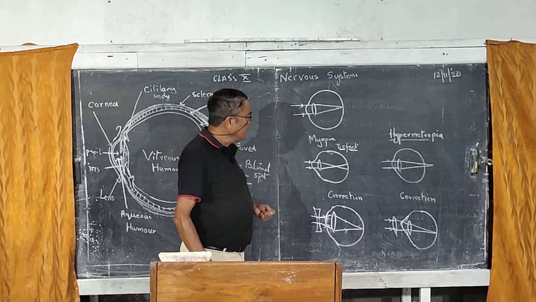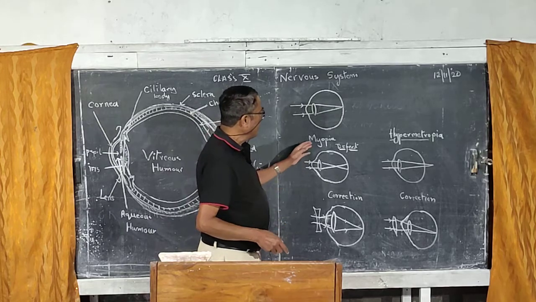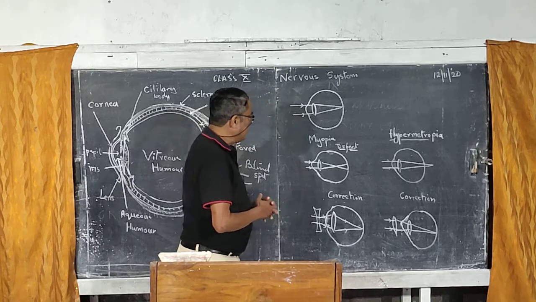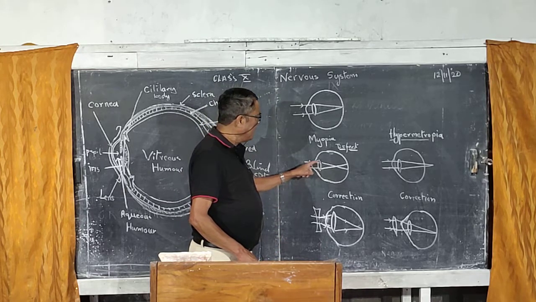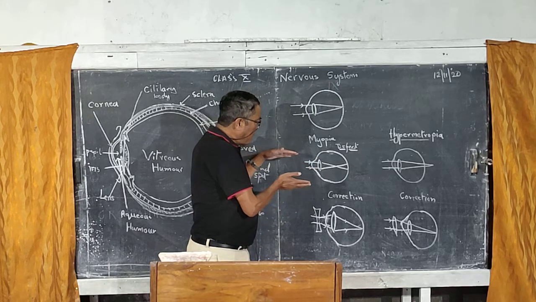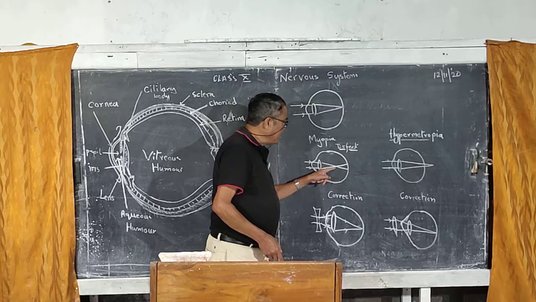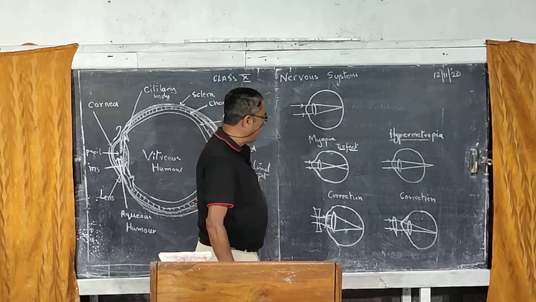This is a person who can see nearby objects clearly but not distant objects. This happens when the lens becomes permanently thick, so the converging power becomes more, so the rays of light meet in front of the fovea, so a hazy image is formed on the fovea.